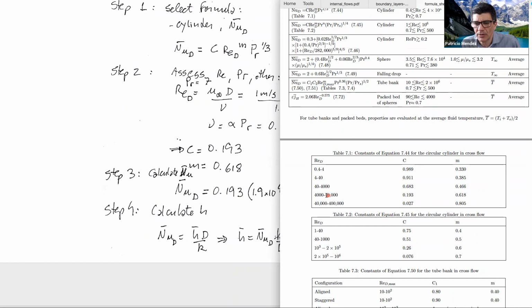We fell somewhere on this line here, right? Between 4,000 and 40,000. So C is 0.193. You see, that's what we picked here. And M is 0.618. That is kind of in between the value for laminar and turbulent.